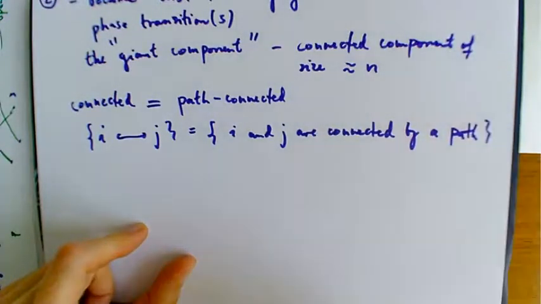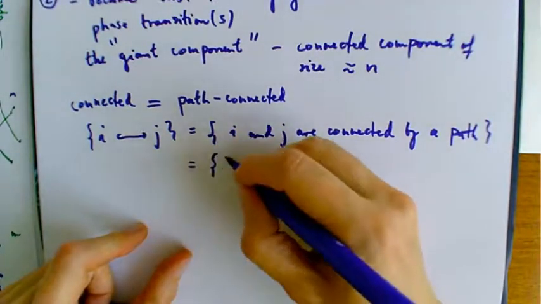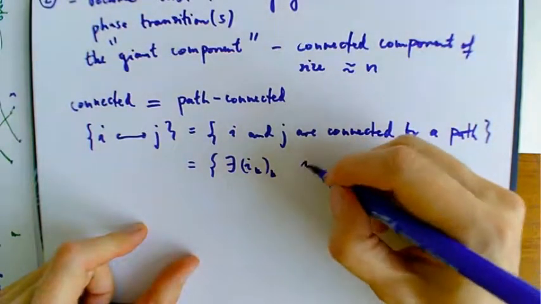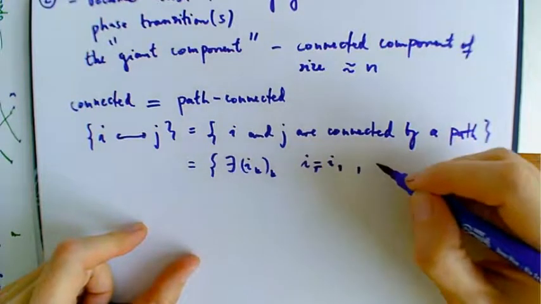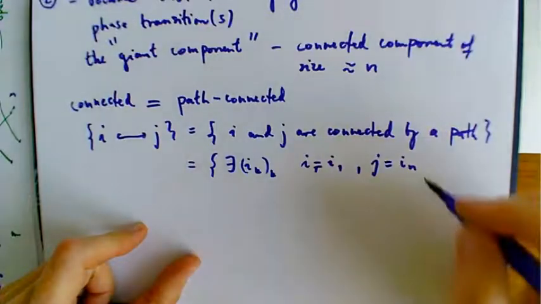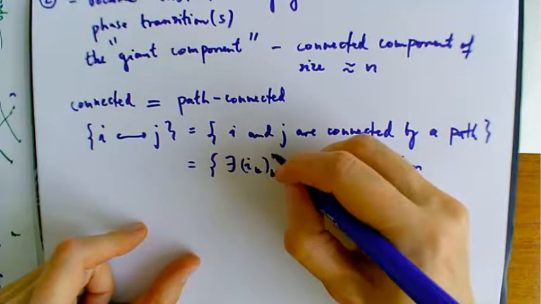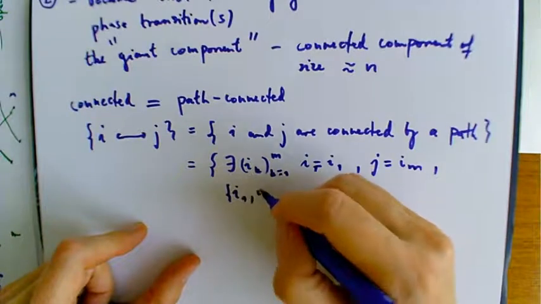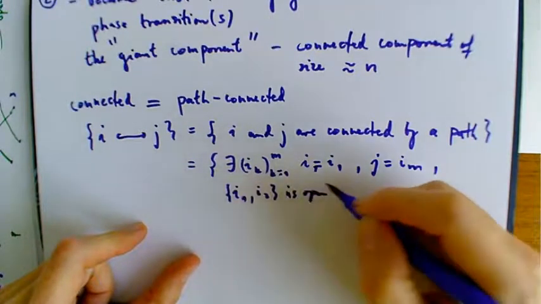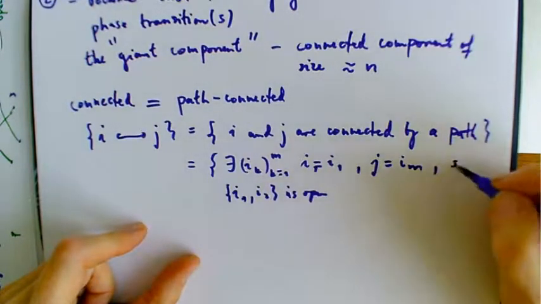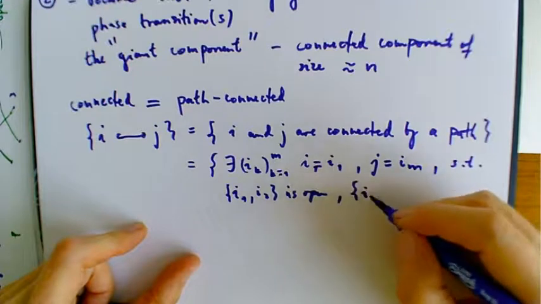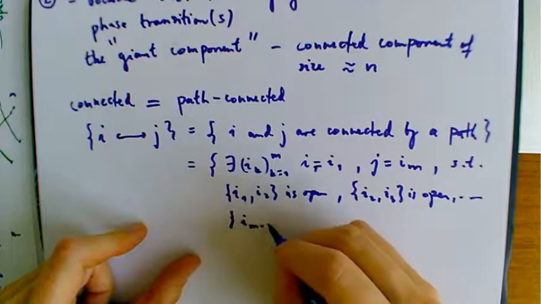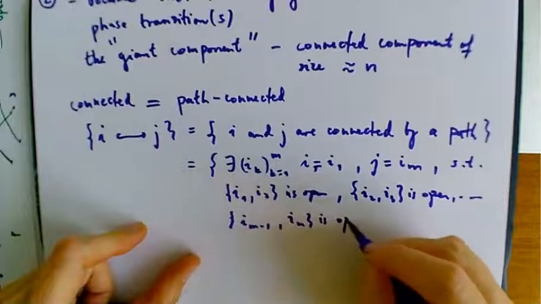In this random graph, this just means that there exists some finite path i_1, ..., i_m such that i equals i_1, j equals i_m, and all of these edges are open. So i_1 i_2 is open, i_2 i_3 is open, and so on. You keep going up to i_{m-1} i_m is open. Okay?